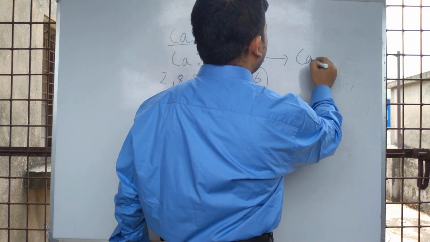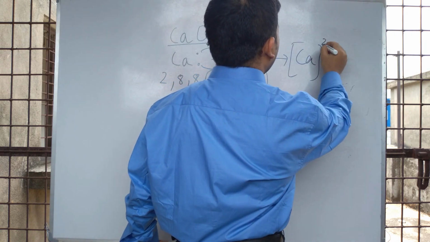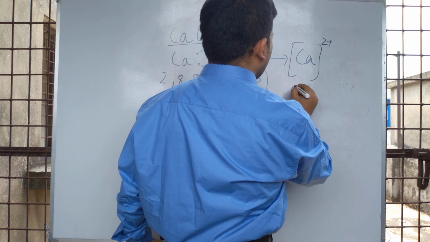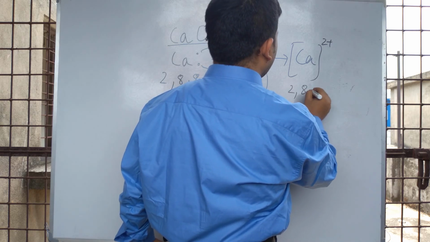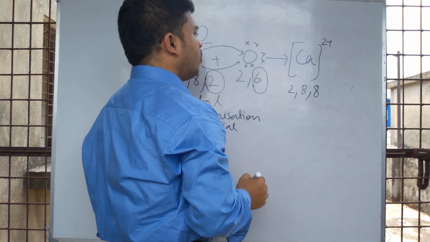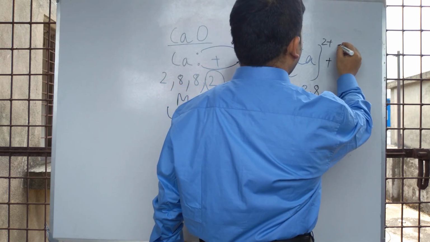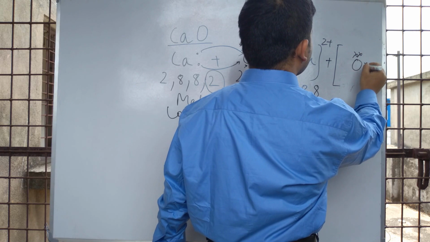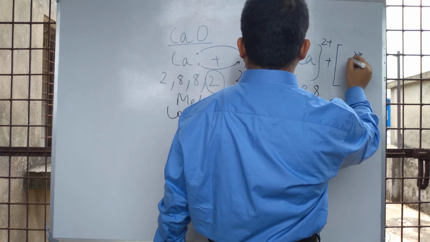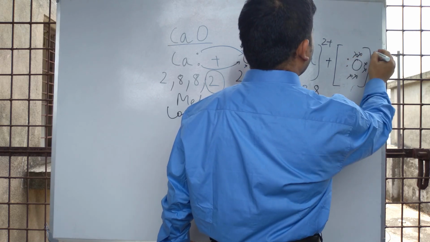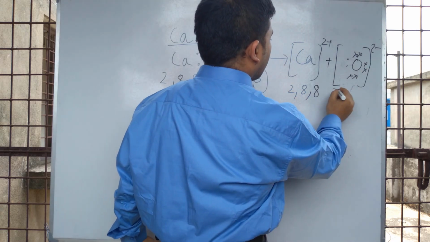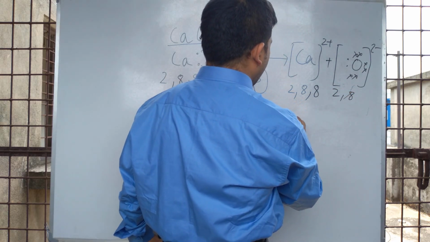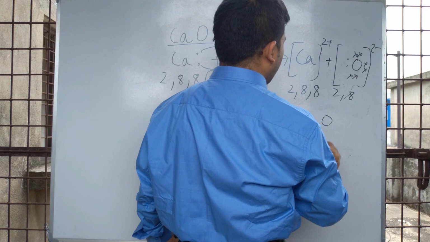So we write it as calcium becoming 2 plus charge, and its electronic configuration is now 2, 8, 8, and for oxygen this is 2 minus, 2, 8, and now this one is forming calcium oxide.